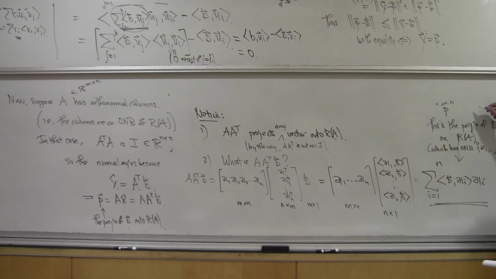This is the closest vector in the range of A to B.